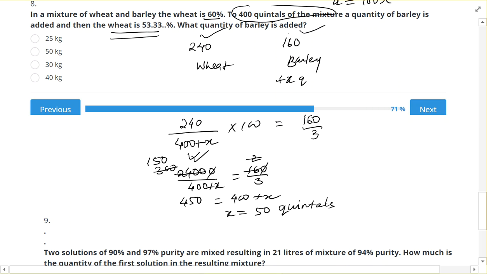Yes, the given answer is wrong, because the question is given in quintals and the answer is given in kgs. But 50 quintals will be the answer, not 50 kgs. So this will be considered a printing error, because obviously if you calculated it correctly, you know that 50 quintals must be there. I will correct this error in the mark. It is quintals.